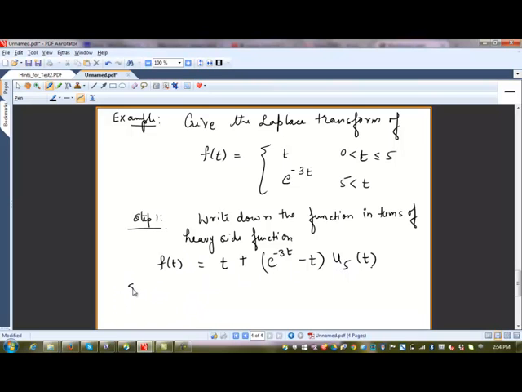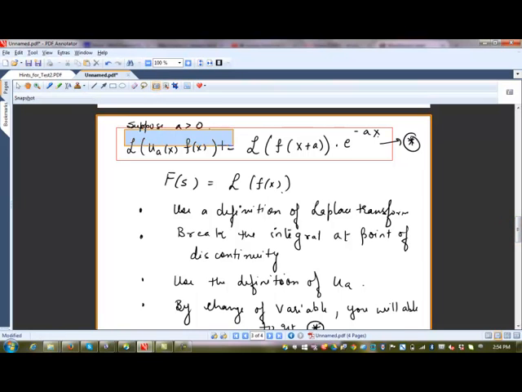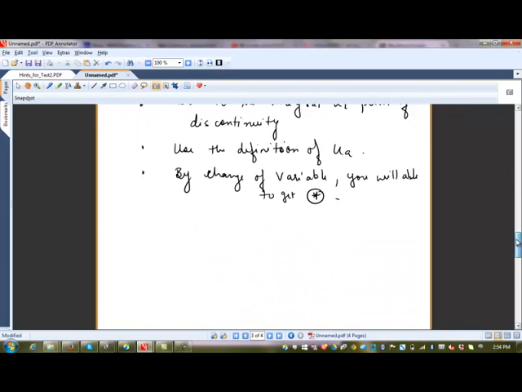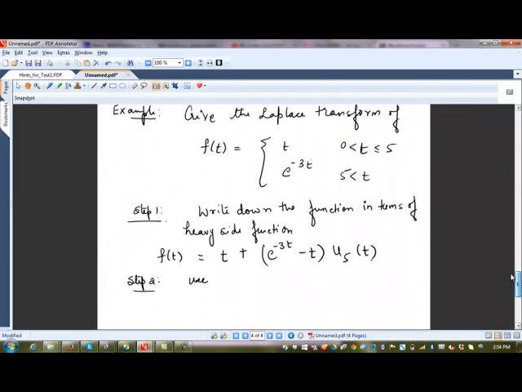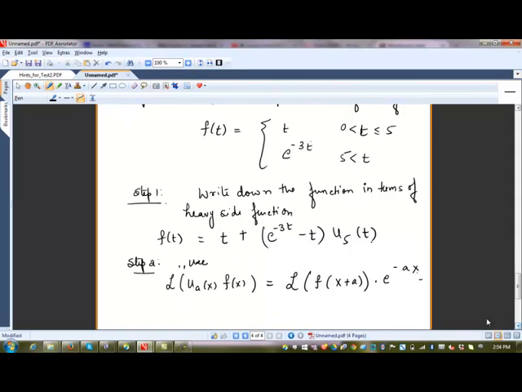Now step 2, use the formula, the expression which we have up here. We know Laplace transforms are linear, so I can take the Laplace transform on both sides of this function.